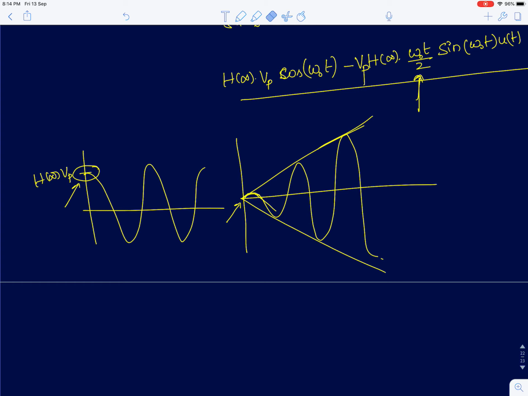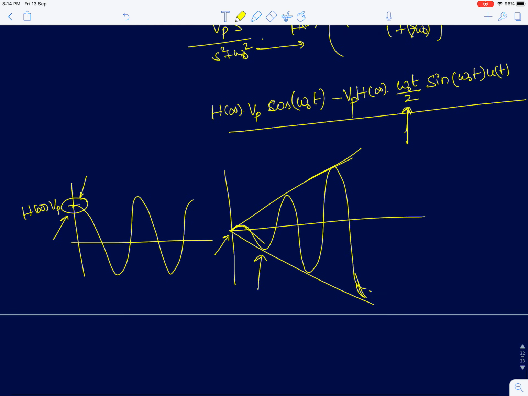If I consider the high frequency gain to be 1, it will be the same replica of the input at t equal to 0, in the vicinity of t greater than 0. After that, the second term will dominate, because the amplitude of the second term is going to grow linearly to infinity eventually. So that term will start dominating.